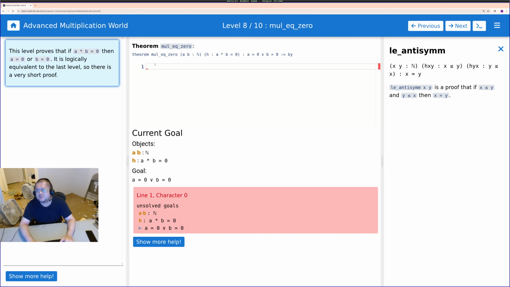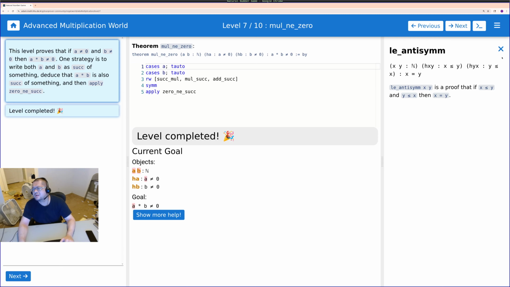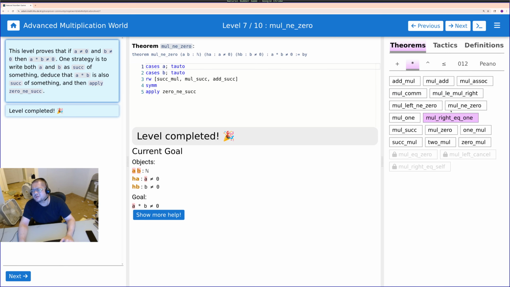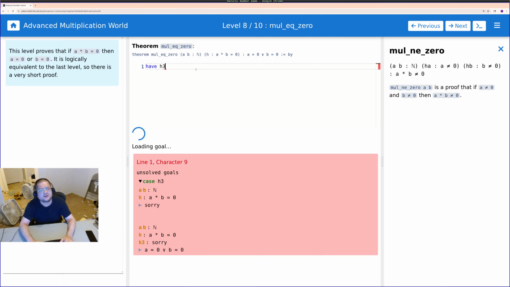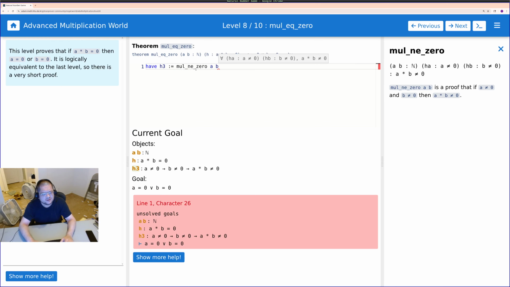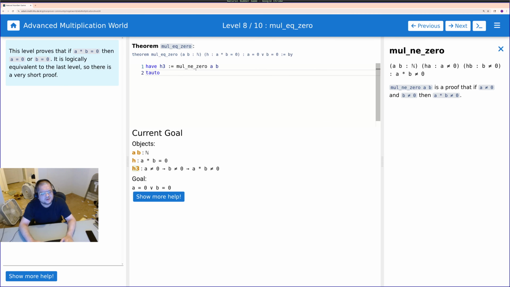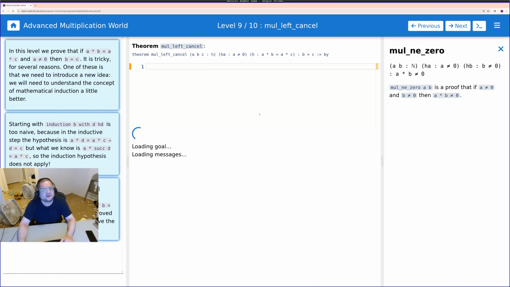Okay, so the past one, what is the past one called? Mul not equal to 0. So has H3 equals mul not equal to 0, A and B. Okay, it's right. It is logically equivalent and therefore easy.